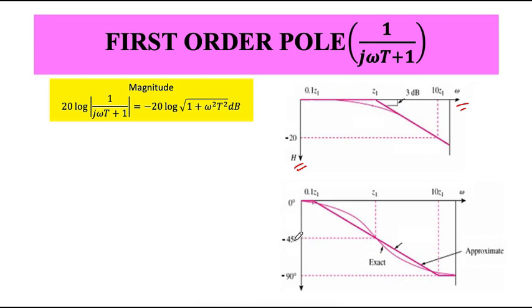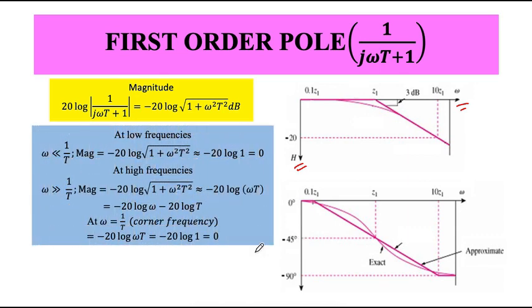So let's see what happens at low frequencies. Low frequency means omega is very small compared to 1 by t. If omega is very small, this term can be ignored. So it will be minus 20 log 1, whose value is 0.